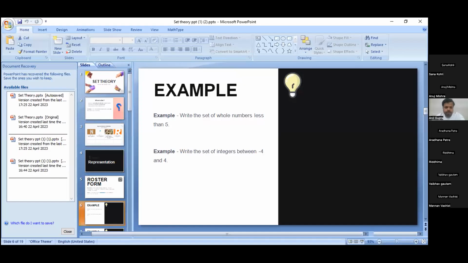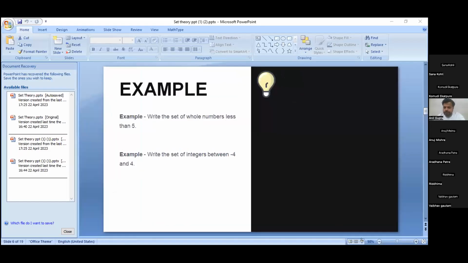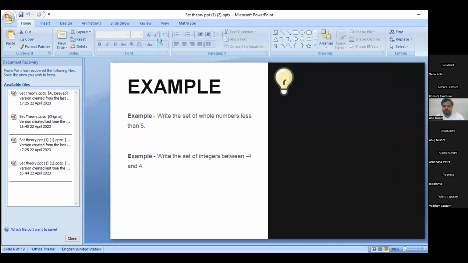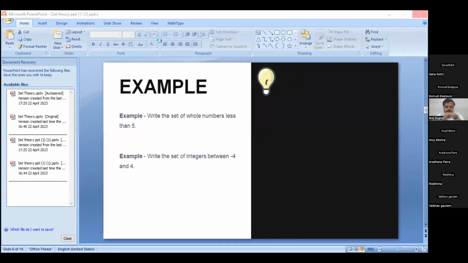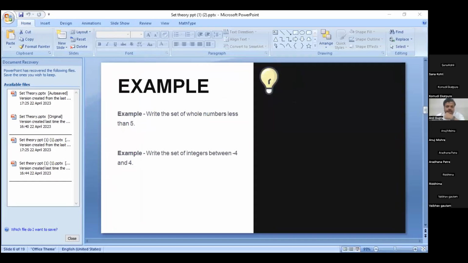Okay, very good. Any other student? What is set theory? Collection of objects, collection of elements. Okay. Student, what is the difference between object and element? Any difference or both are same? Please tell me.